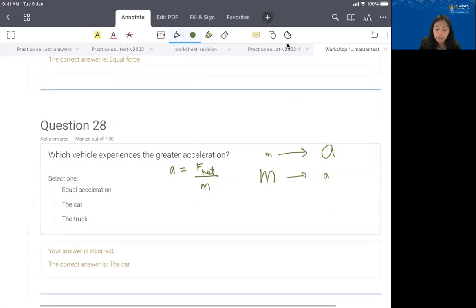But the acceleration will be different according to Newton's second law. So the vehicle that experiences the greater acceleration will be the vehicle with the smaller mass. So the car will have the greater acceleration because of the inverse relationship given by Newton's second law.